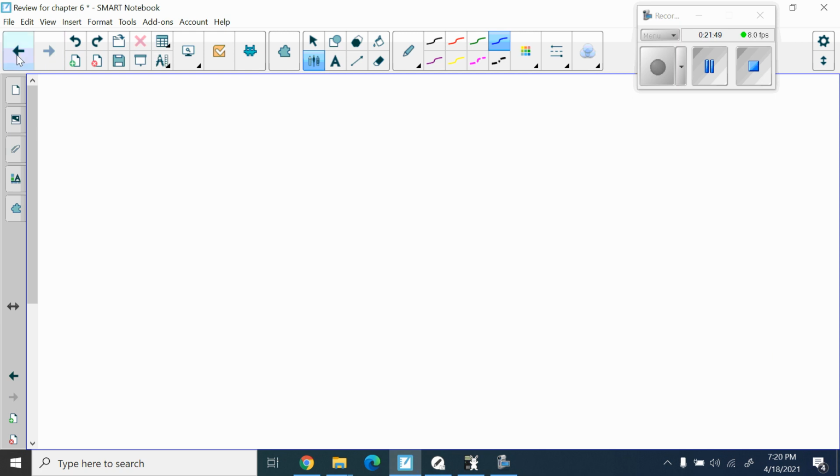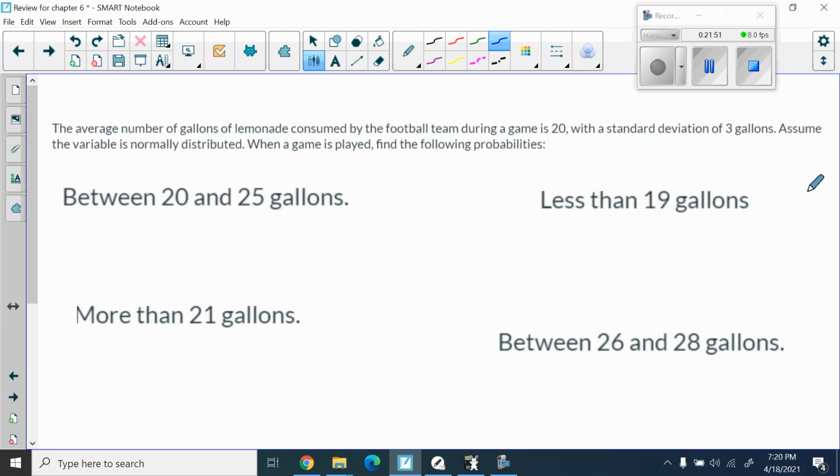I think this is the last one. So let's go ahead and get the z-scores for all of these first. So during the games, our mean is 20 and our standard deviation is 3.